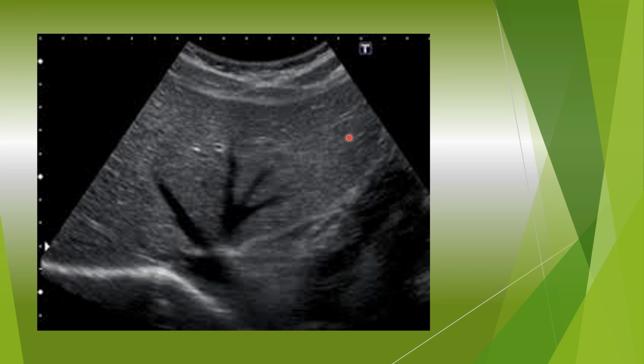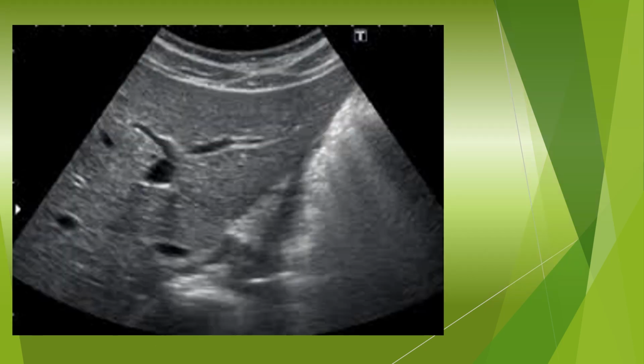Okay, we've got the superior picture. We went all the way up to the heart. We've got the liver here, those hepatic veins dumping into the IVC. That's the superior. The mid left lobe should include this left portal vein right here. See the bright walls? That tells us it's not a hepatic vein, it's a portal vein. We got main portal vein here.